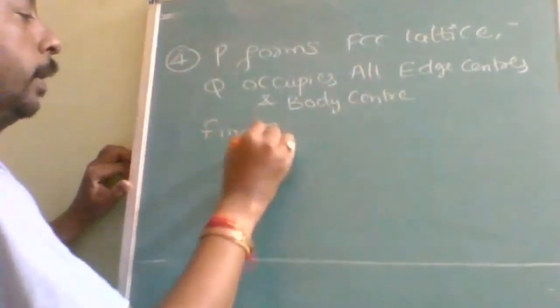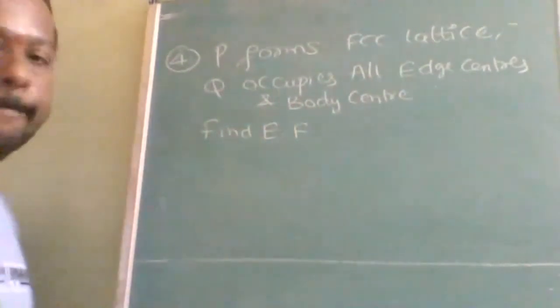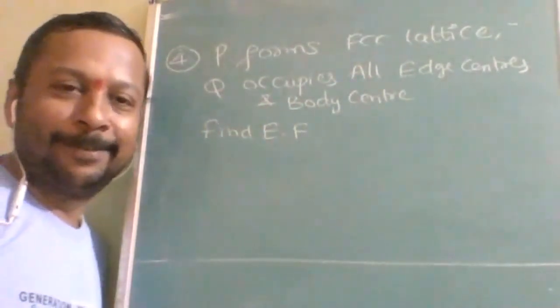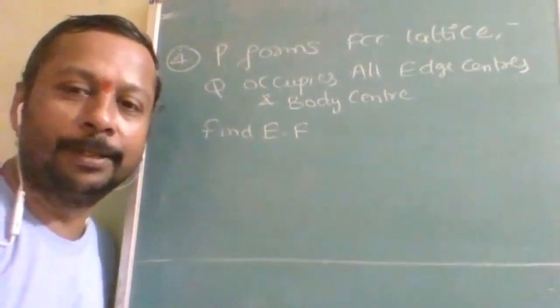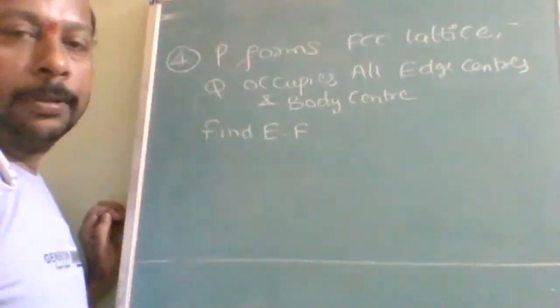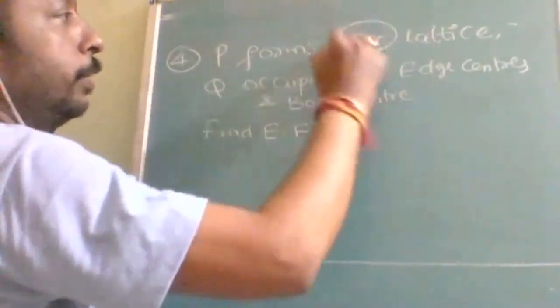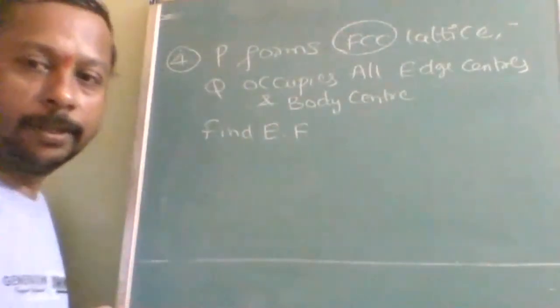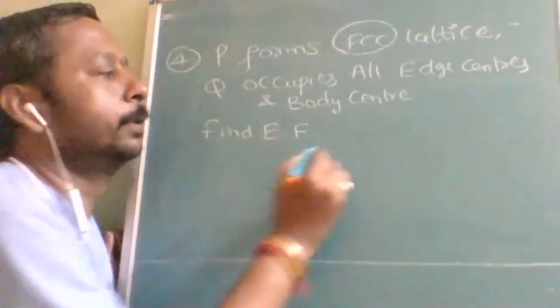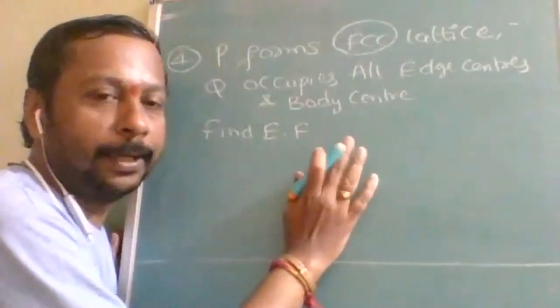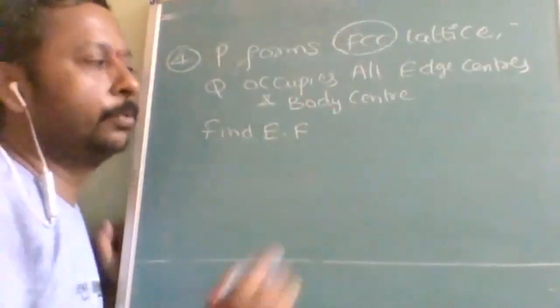Find empirical formula. So here the question is a twist on FCC. FCC means all face centers as well as corners you should count.